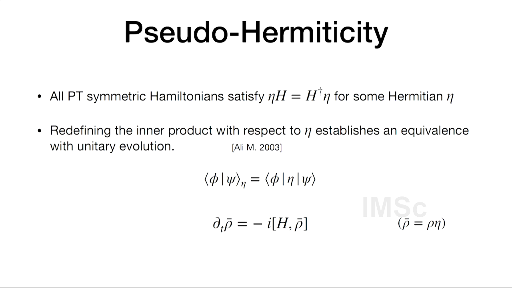And it was shown that if you redefine your Hilbert space by redefining the inner product between two states in this particular way, where you put eta in between the two states, and then write down your Schrodinger equation or von Neumann equation, you get back the original equation, where even if this H is non-Hermitian, you get this equation which is true only for the Hermitian case, as we saw in the previous slide, right?